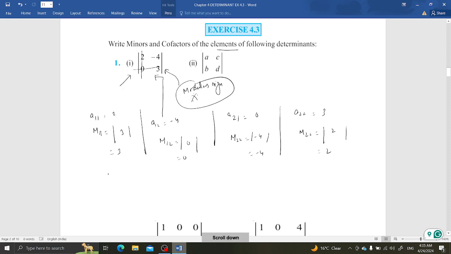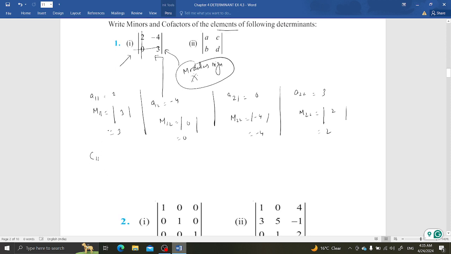Now corresponding to this one, what is C11? Because they are also saying find the cofactors also. C11 is (minus 1) to the power 2 times M11, that is only 3 we have. C12 is (minus 1) to the power 1 plus 2 times M12, so you have minus M12, and we have 0. Similarly, we have C21 is (minus 1) to the power 3 times M21, so minus M21, and what is M21?